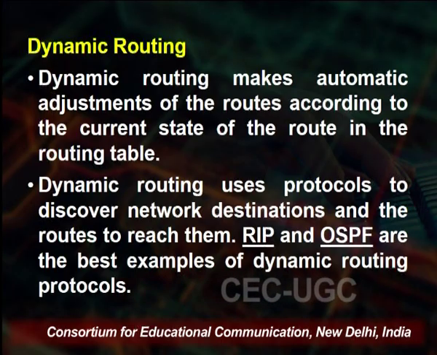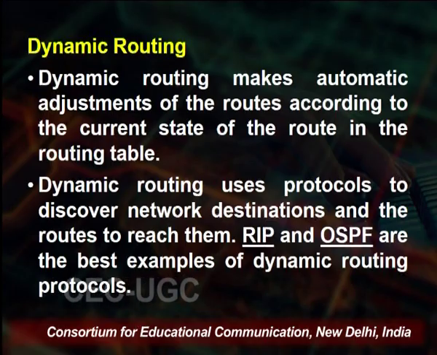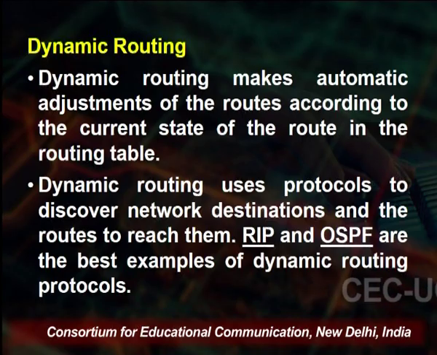This dynamic routing uses protocols to discover different destinations on the network and the various routes to reach them, and the best examples of dynamic routing protocols are RIP and OSPF. In this, as I have told, automatic adjustment will be made in order to reach the destination.